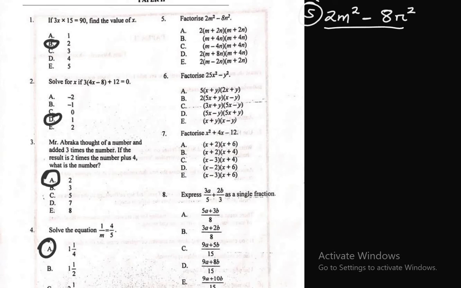If I divide both of them by 2, so if I bring out 2, I'll be left with m squared for the first term, minus 8 divided by 2, I'll be left with 4n squared. And if I use 2 to multiply m squared, it will give me back 2m squared, and 2 times 4 will give me 8. So if I use the 2 to multiply the terms inside the bracket, I'll get the expression we have at the beginning.